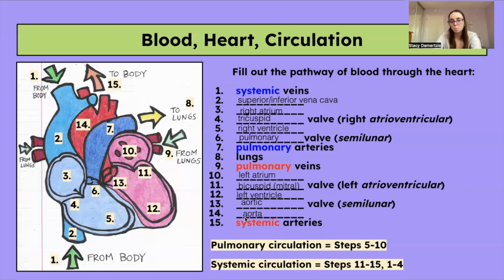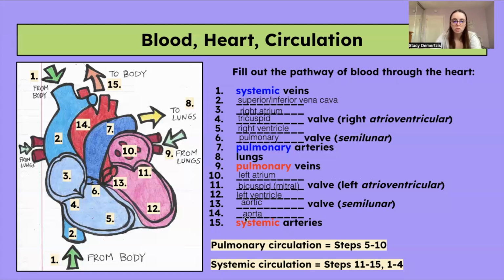And then the aorta is going to branch off to these systemic arteries, vessels that carry blood away from the heart. They're systemic because they're not going to the lungs specifically, they're going all over our body. They're not going into the lungs to do gas exchange. They're just going to deliver the oxygen to the rest of our body systems. And so we color code that as red to represent that.